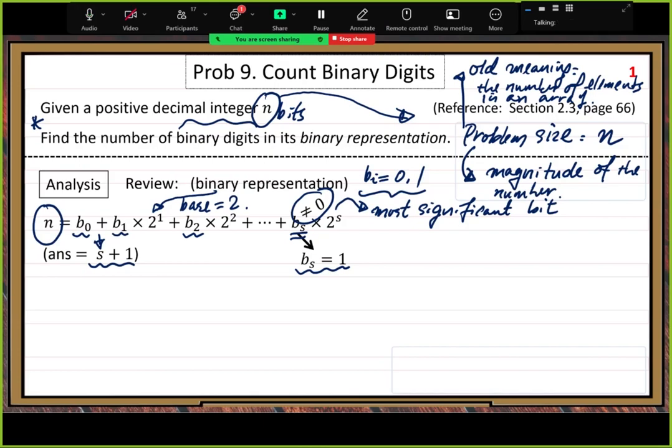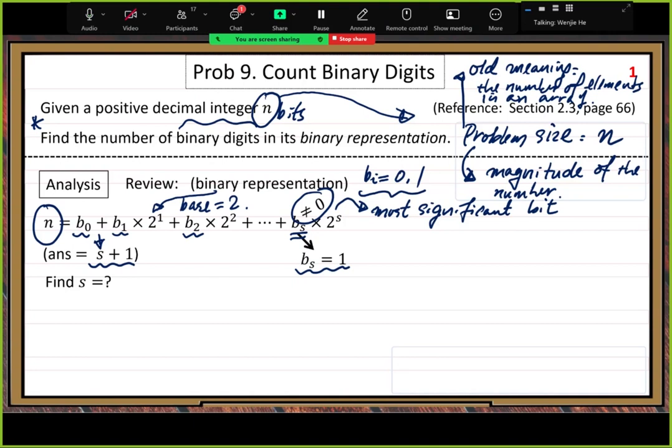Now later we will have a few questions. We use the magnitude as the problem size. So here, when you want to represent your answer, you should use this n number. In other words, you need to represent S in terms of n.